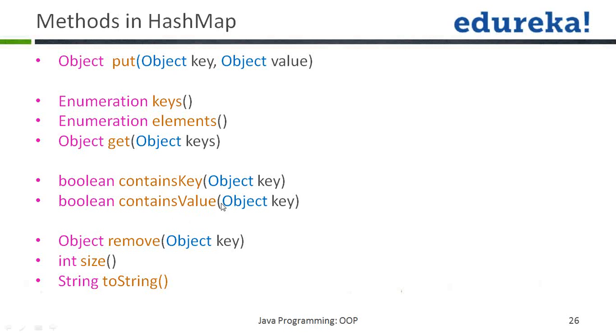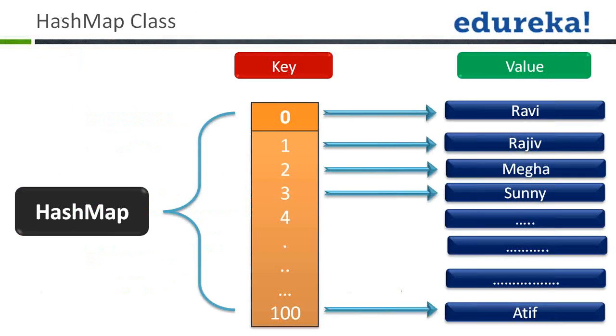Moving on, contains value, to check whether a value is present you'll be using this method. Object remove: you pass the key and you can remove the object. If you want the size, you'll be using the size method, and if you want to convert it into string, you'll be using toString. So these are several methods that you can use along with a hash map.